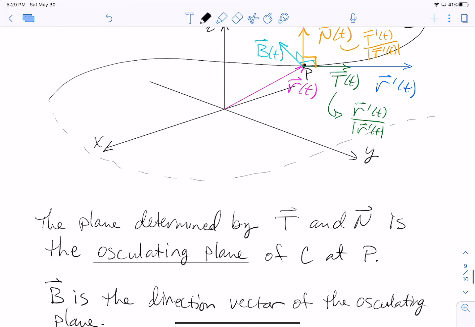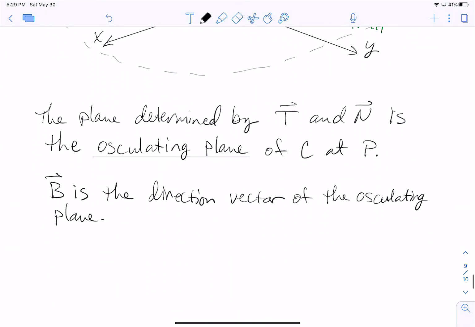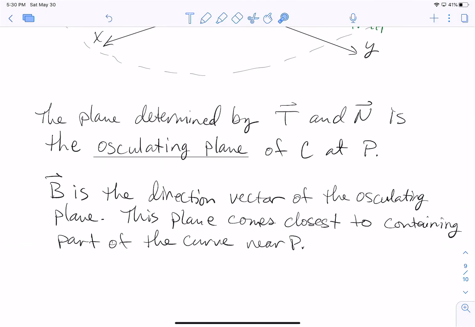Now if you imagine this curve in 3-space, it doesn't exist in a plane, but the osculating plane at P is the plane that captures as much of the curve at that point as it possibly can. In other words, the osculating plane comes closest to containing part of the curve near P.